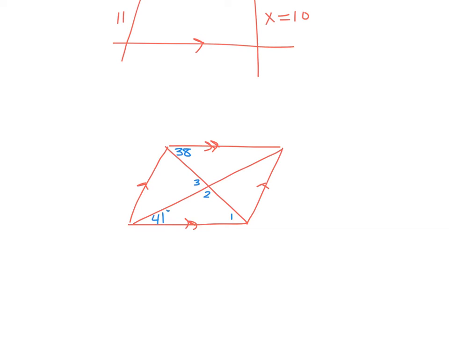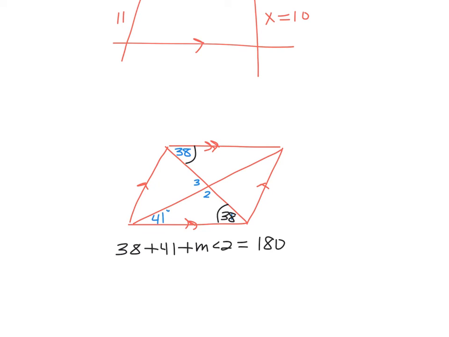In a parallelogram like this, you have alternate interiors, so you can start with that. This 38 would be an alternate interior with angle 1. So 1 is 38. And then you have 38, 41, and the measure of angle 2. That makes a triangle, so that's got to add up to 180.